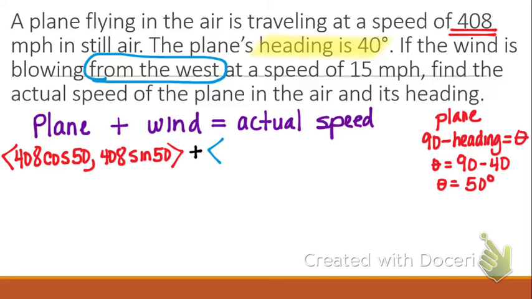So when going east, theta is 0, and when going west, theta is 180. So if the wind is going towards the east, theta is 0 degrees, and if the wind is going towards the west, it's 180. So it says that the wind is going from the west. So if it's going from the west, that means it is going east.